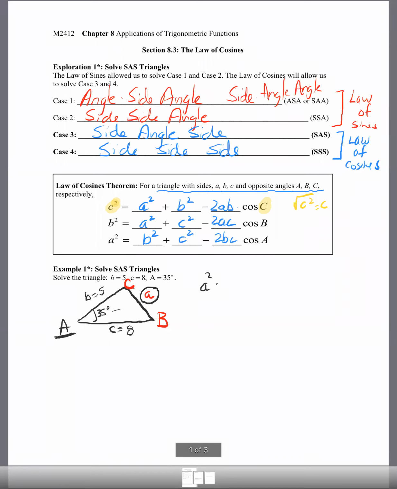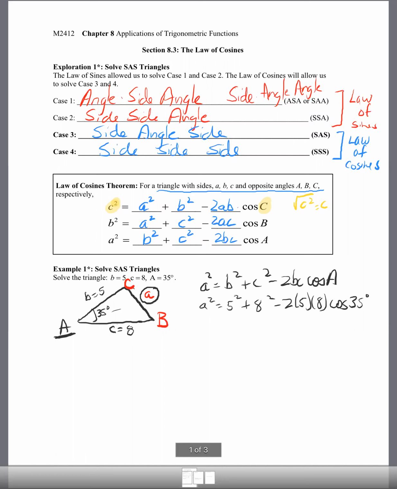I'm going to use the formula up here that says take B squared plus C squared minus 2BC times the cosine of A. And then as I load in those values, we'll put those into our calculator. This will be 5 squared plus 8 squared minus 2 times 5 times 8 times the cosine of 35 degrees.